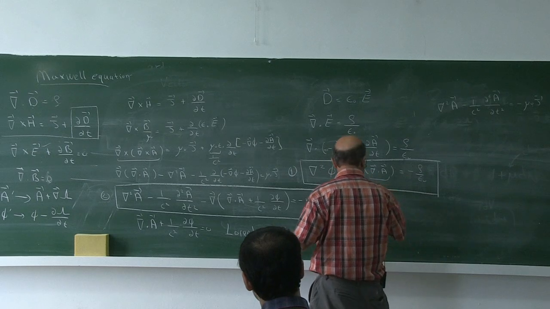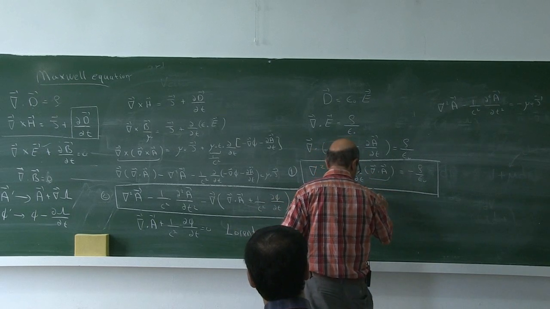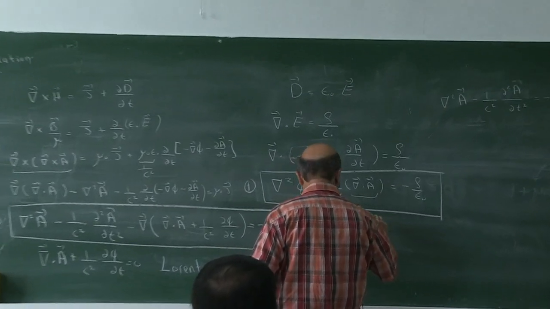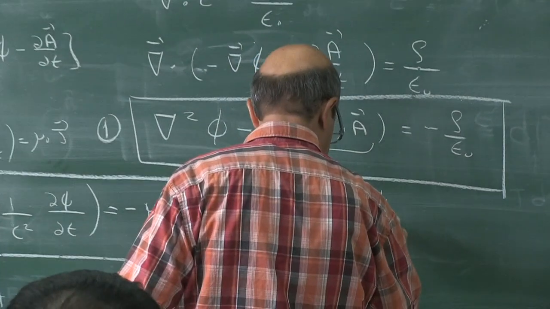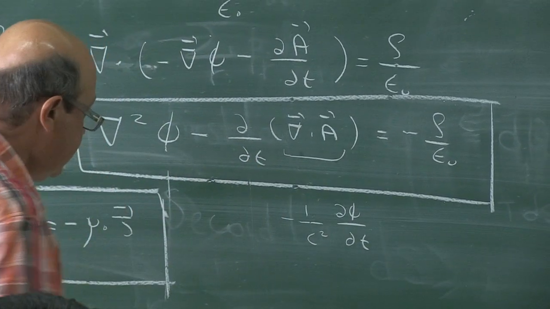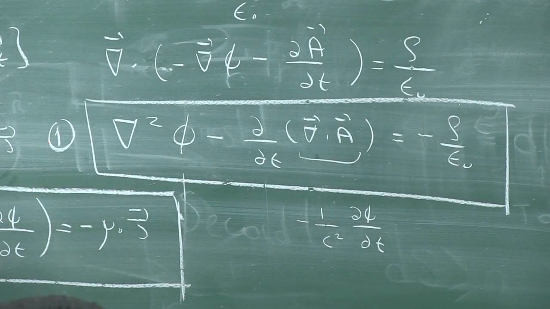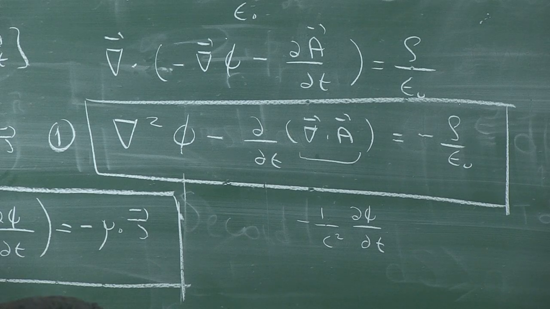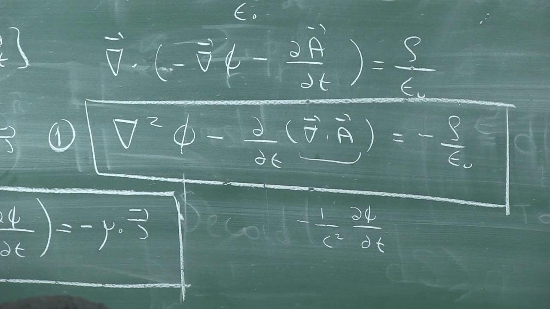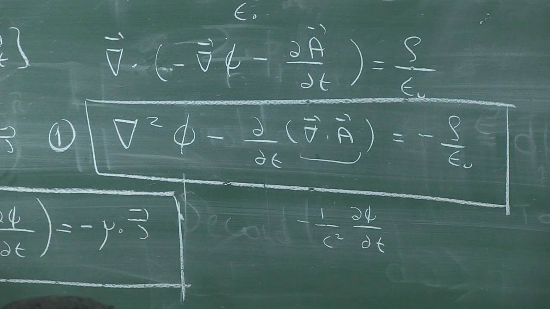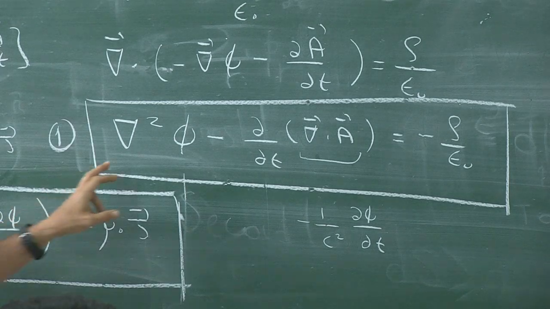Del dot A will be minus 1 over c squared del phi over del t. And this becomes del squared phi over del t squared. So this equation turns out to be again a non-homogeneous wave equation, but the two equations are now decoupled. Above is in terms of the vector potential, below is in terms of the scalar potential.